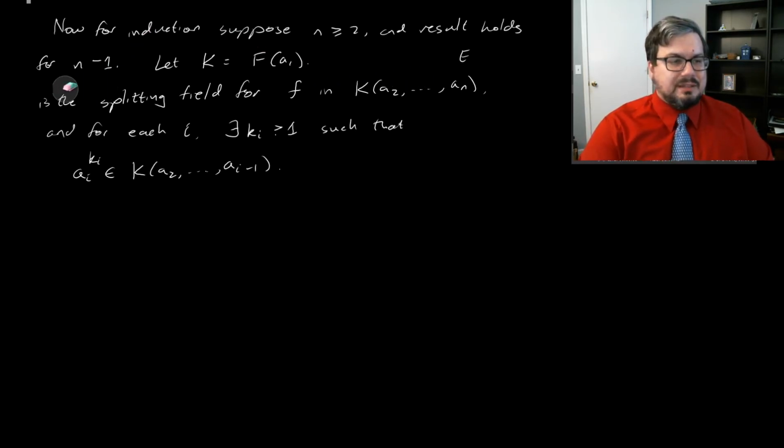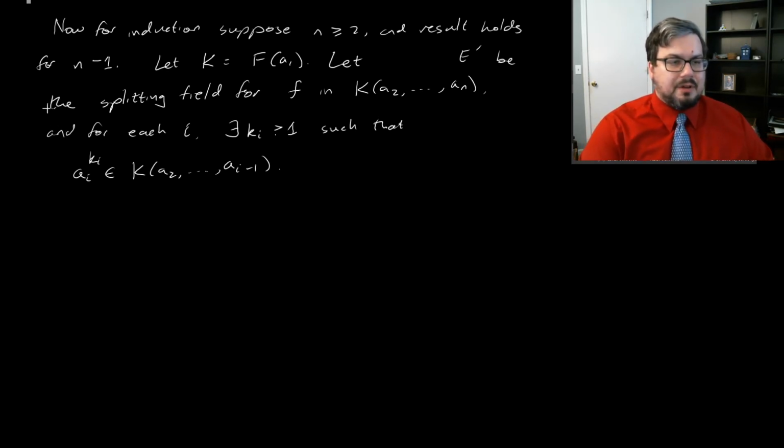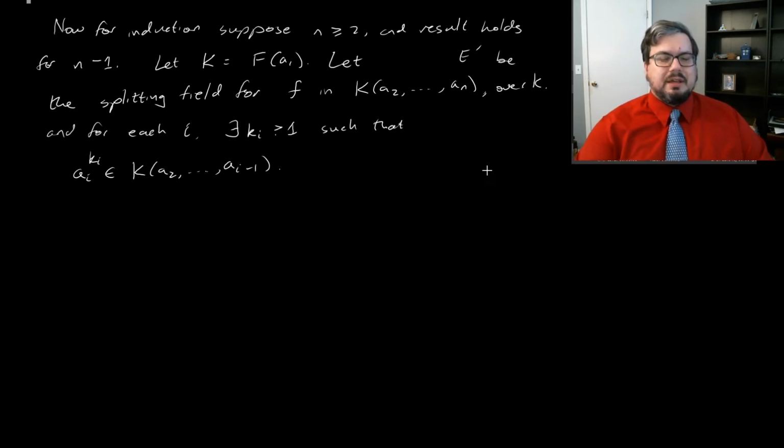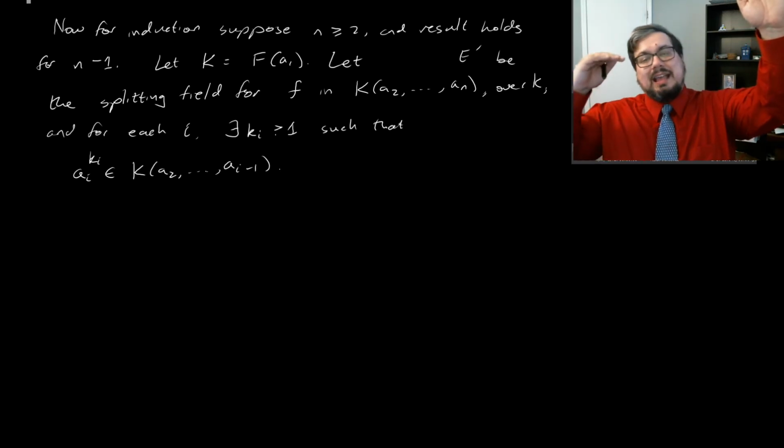Let's say that we let E prime be the splitting field for f over the field K. The difference here is that the actual splitting field E might not include a1, because there might be a difference between F of a1 through an and E itself.